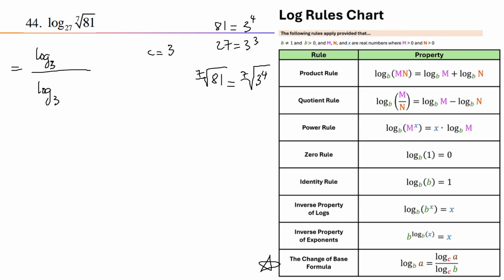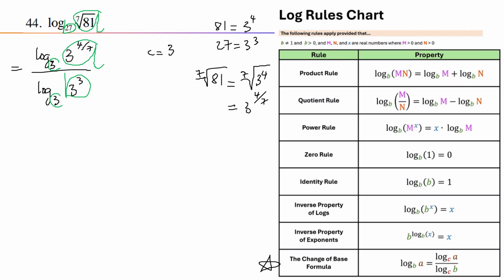Now the power 4 goes on the top, the root 7 at the bottom: 4 over 7, and then at the bottom 3 to the power of 3. So remember, in our formula, this is the C we choose, this is A, this is B. See the position of it, and then plug in.